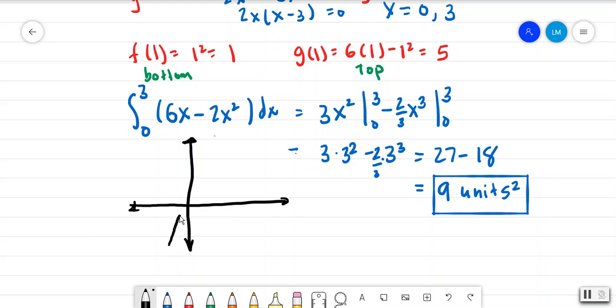So if we draw our parabola like so, and then we just need to draw our parabola passing through the origin. Okay, so this is a more accurate sketch, but not to scale, most definitely. Okay, so we have that that's going to be the 0, and that's going to be 3.